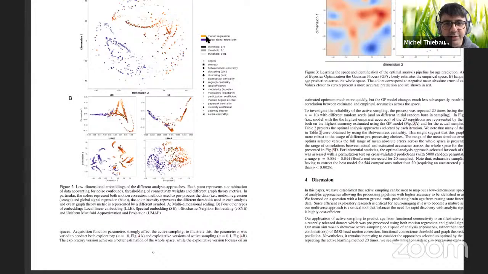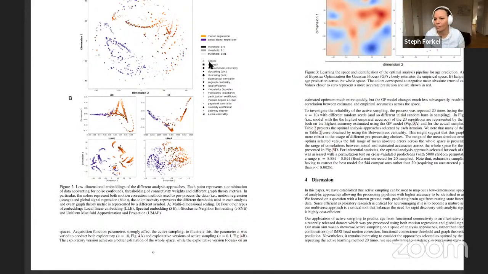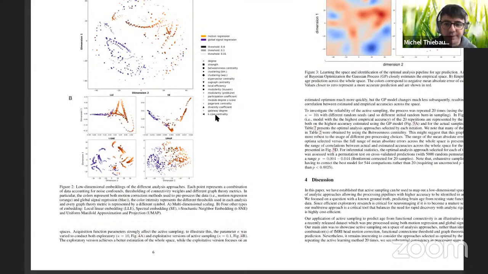Where they combine parameters of the way you did the motion regression, the global signal regression, different kinds of thresholds, and different measurements of graph theory, which assess the relationship between the different points in your brain. And they put all that into the embedding, and the embedding defines all the range of possibilities that you have.